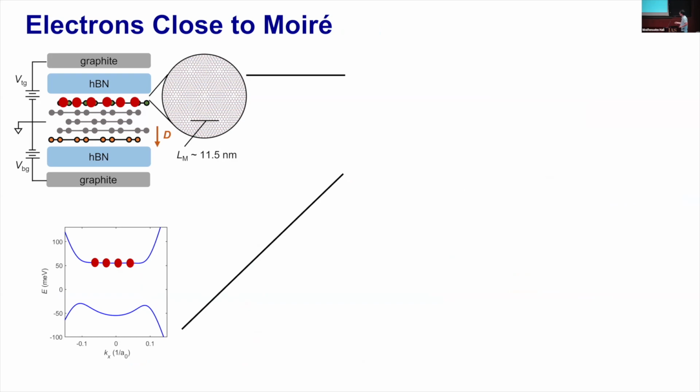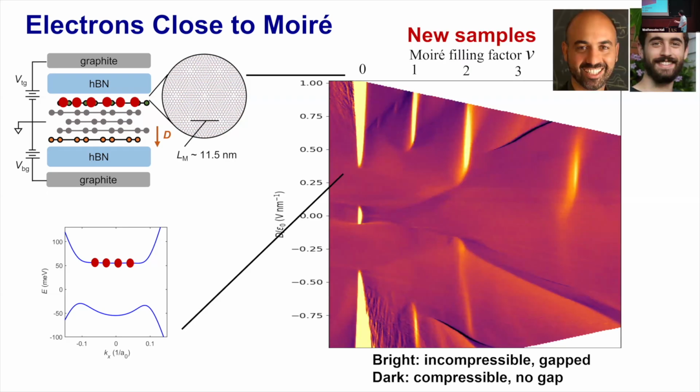Again, it's filling some flat band at the bottom of the conduction band, but now these electrons can feel the Moiré potential. And this is the big map they got. Basically, this is a compressibility map. Bright regions correspond to gapped incompressible states, and relatively dark regions correspond to compressible, no-gap states.